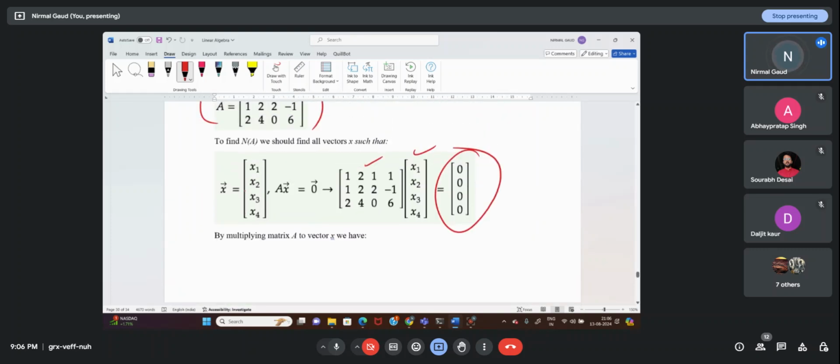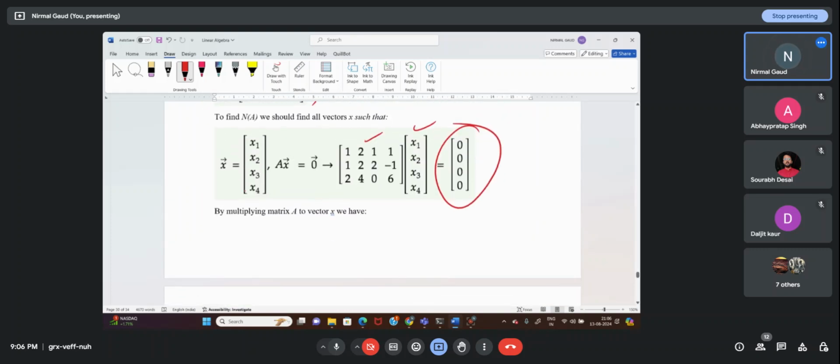Now, how are you going to perform this? This is your matrix, and this is a vector with the values x1, x2, x3, x4. The matrix is 4 cross 4 and the vector is 4 cross 1, so multiplication is possible.